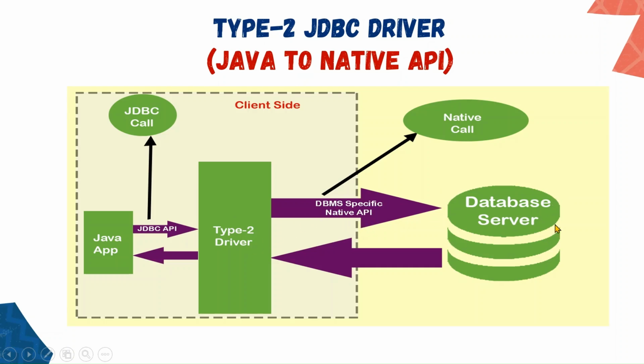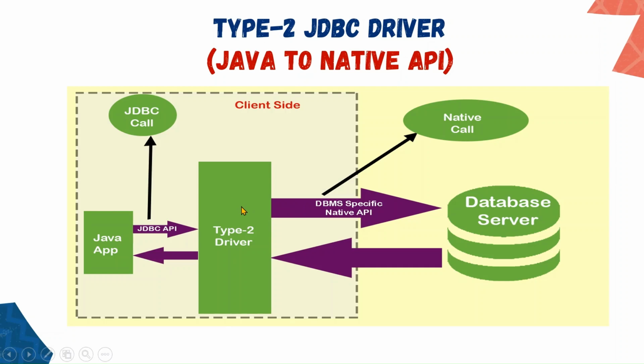So here you have a database server, and the dashed lines that you can see are nothing but the client side. So type 2 driver is also inside the client side only, but it is able to make the call onto the database server based on the loading of drivers and the connection establishment steps, where you can give your credentials as well as what type of driver you are using and what sub protocol you are using.